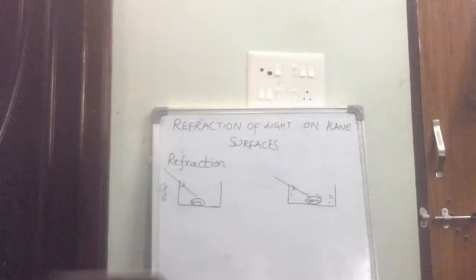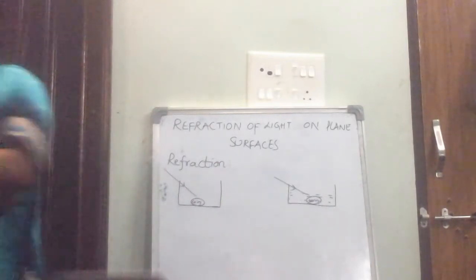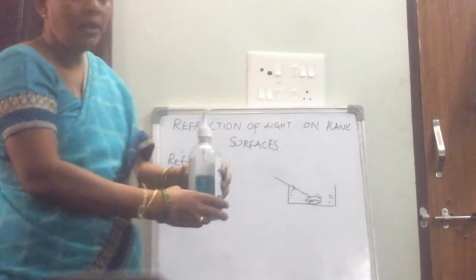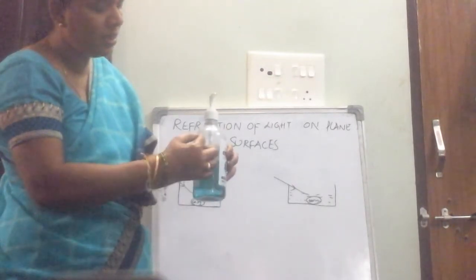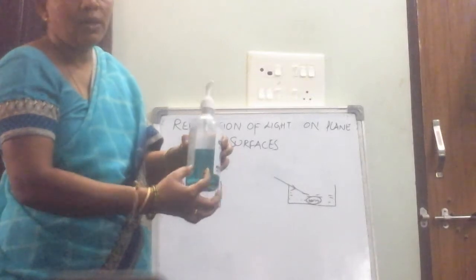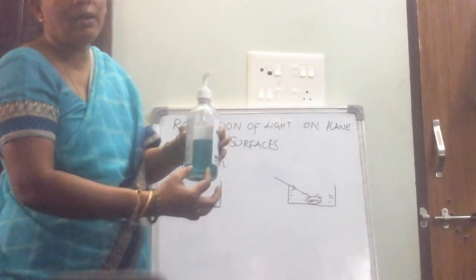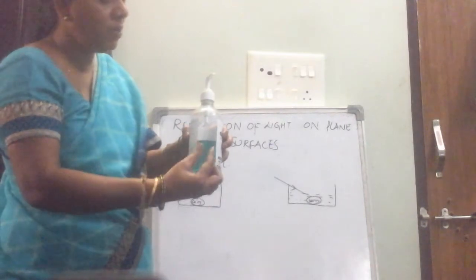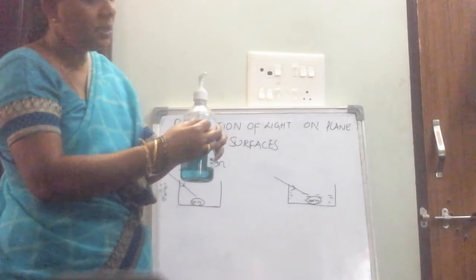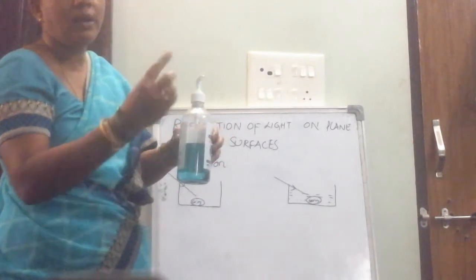The same thing, if you observe, this is a sanitizer. Inside the sanitizer liquid, one pipe will be there. Inside the liquid, the pipe looks bigger in size, whereas above the sanitizer solution, the pipe is smaller in size.